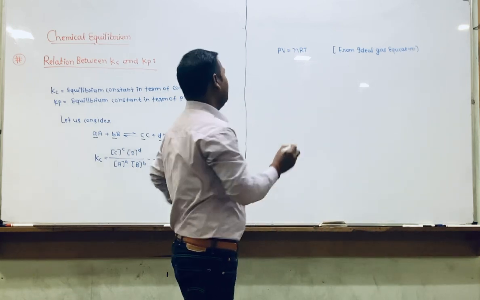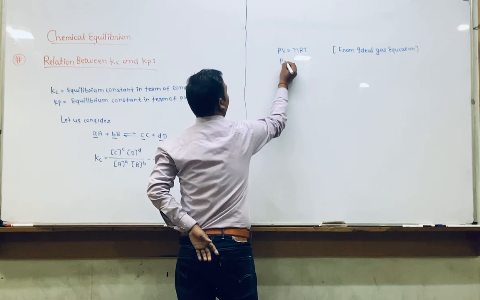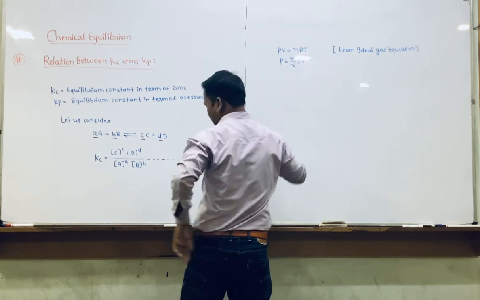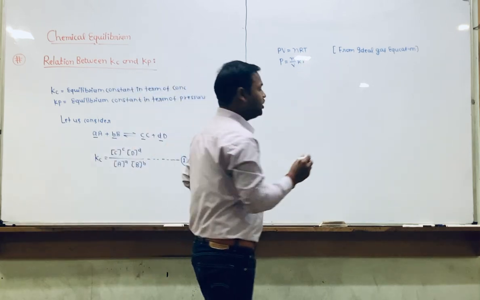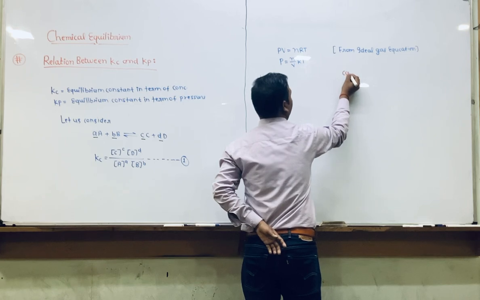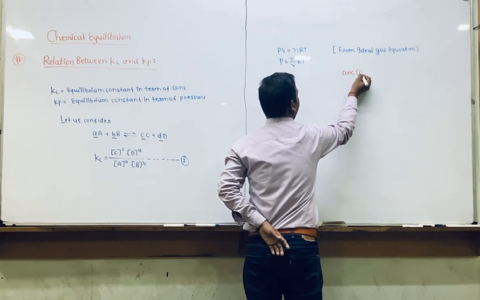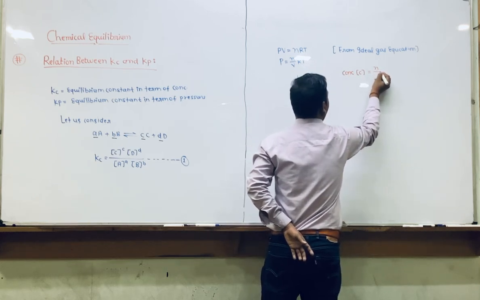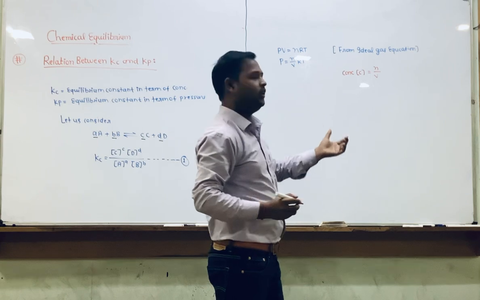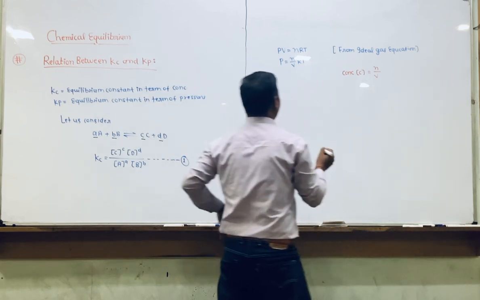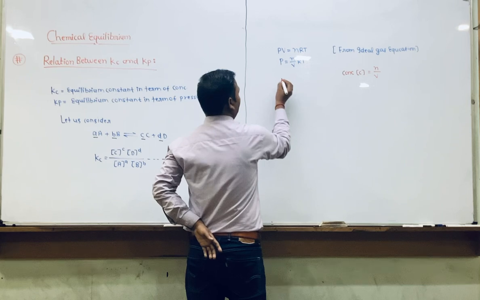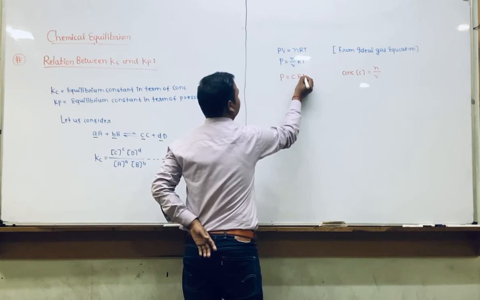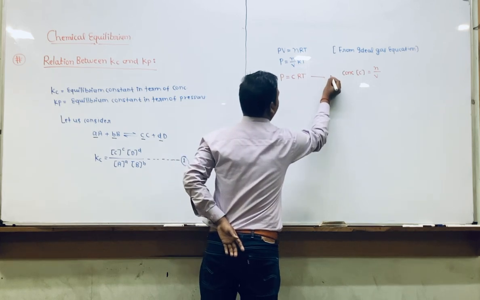We can also write P equal to n upon V times RT. As we know, concentration C equal to n upon V, where n is the number of moles and V is the volume of the reaction. Now we can also write P equal to CRT, equation number 2.